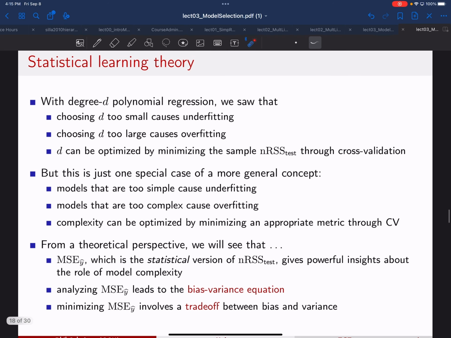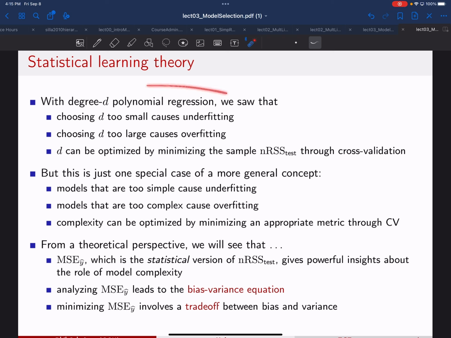So, as a high-level overview, we have studied until now degree D polynomial regression, and we saw that if you choose D too small, we get underfitting. If you choose D too large, you get overfitting. And we said we can optimize D by minimizing the test sample RSS through cross-validation. And so we talked about different ways of doing that.